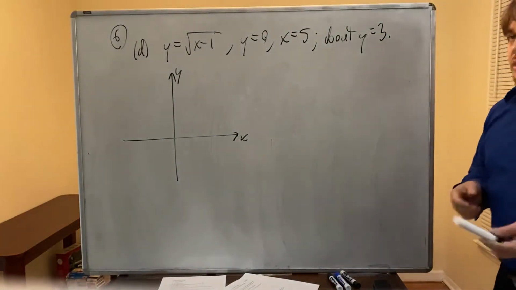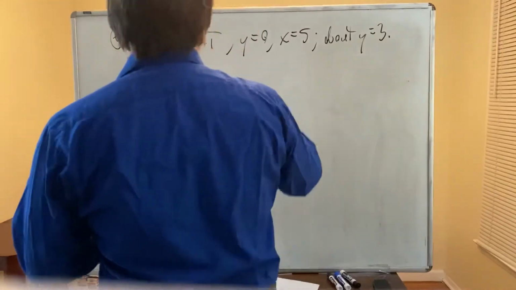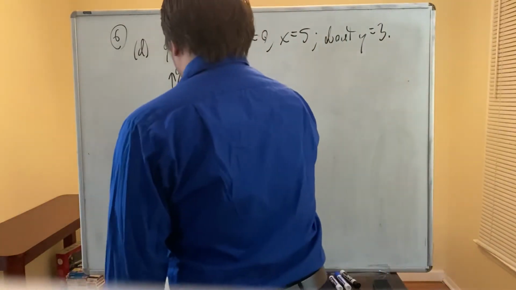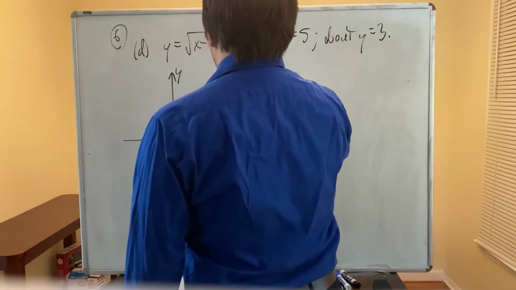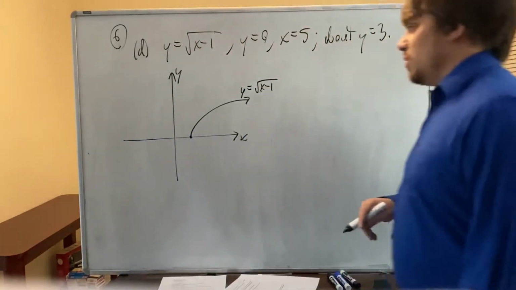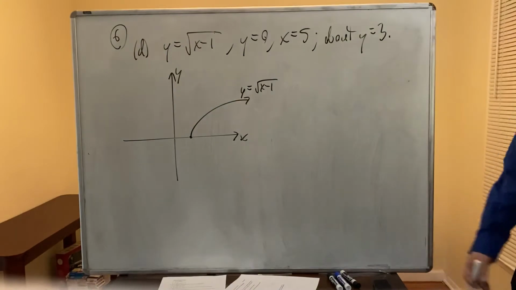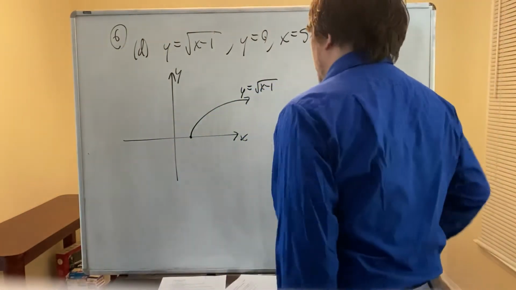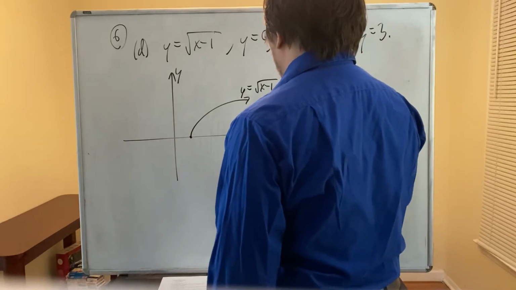So y equals the square root of x minus 1 is just a translation to the right by 1 unit of y equals the square root of x. You have y equals 0, which is the x-axis, and you have x equals 5 here.